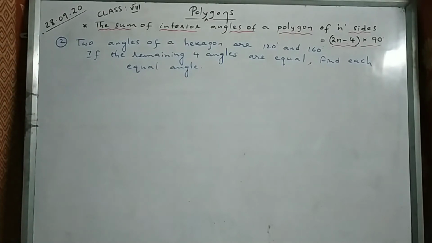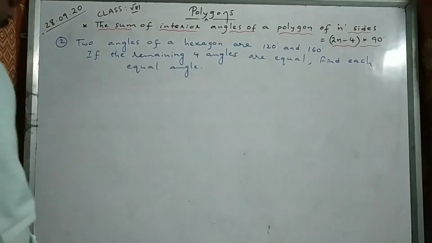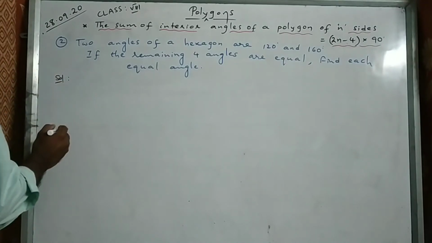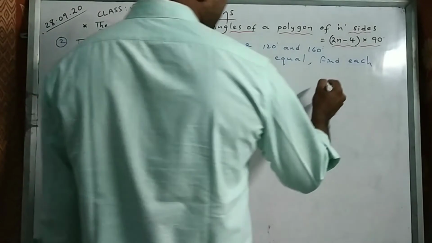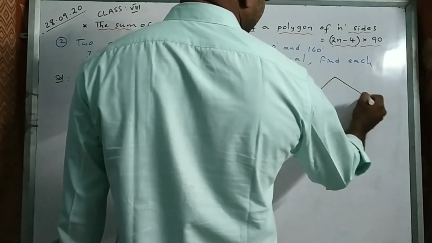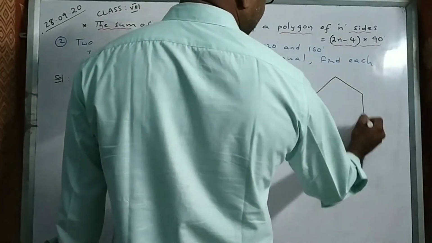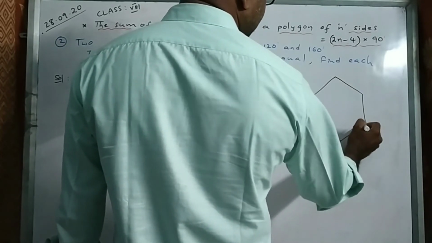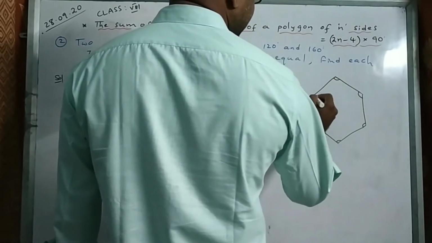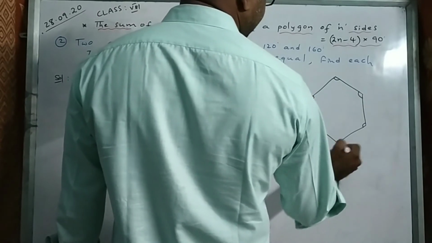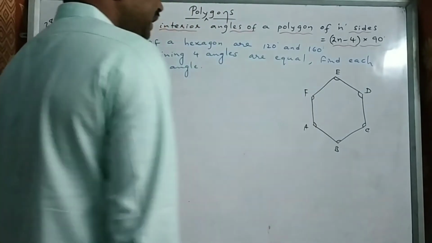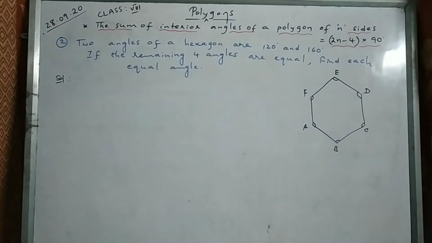Okay? Let us see. Here, for the hexagon, what is the shape of a hexagon? This one. So, 1, 2, 3, 4, 5, 6 angles. So, A, B, C, D, E, F. That is a hexagon.